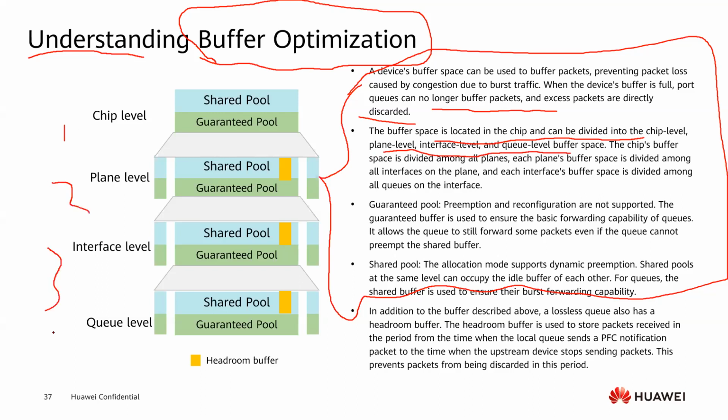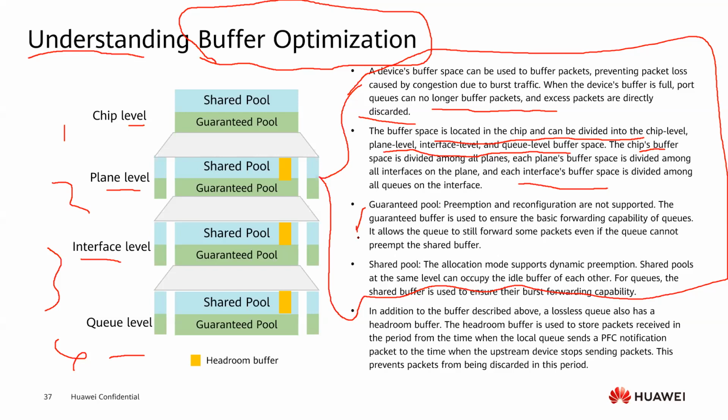The chip buffer space is divided among all planes. Each plane buffer space is divided among all interfaces on the plane, and each interface buffer space is divided among all queues on the interface.